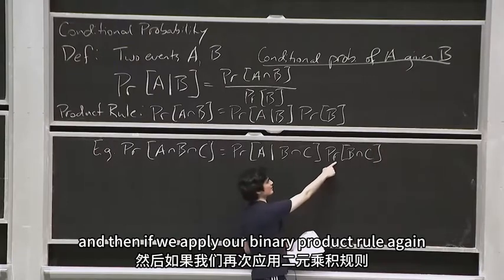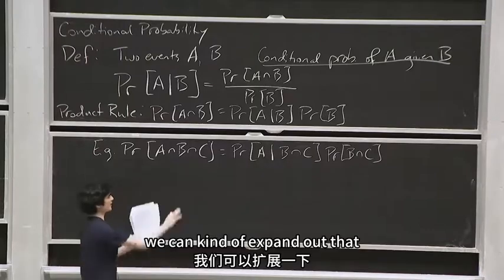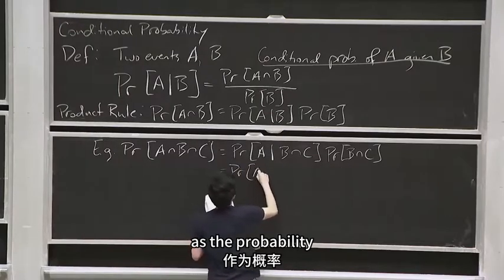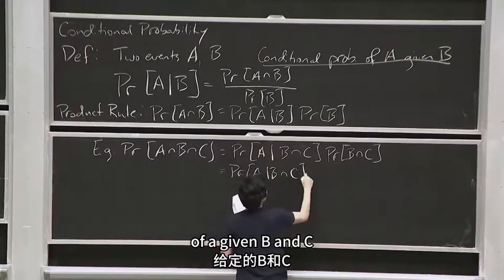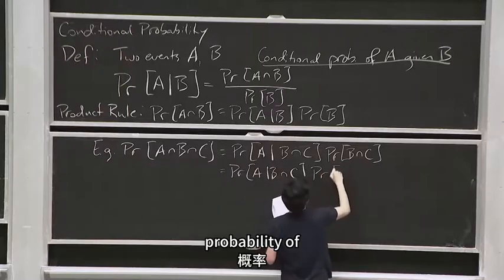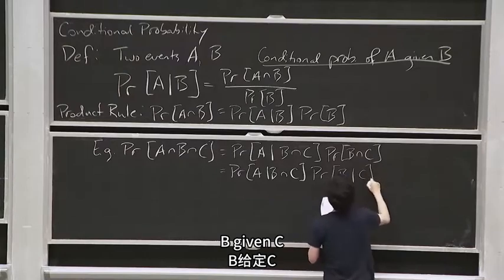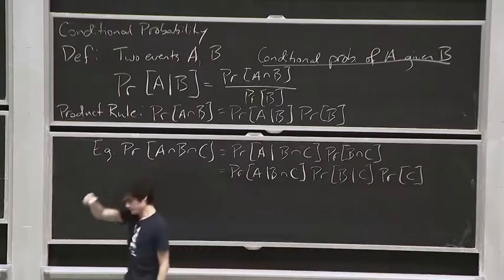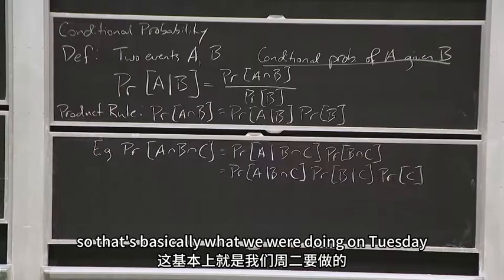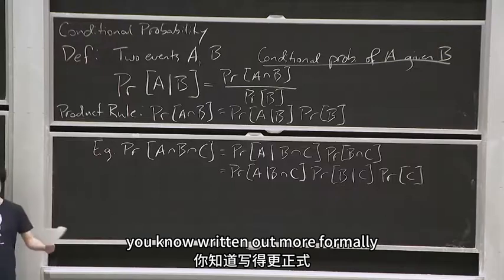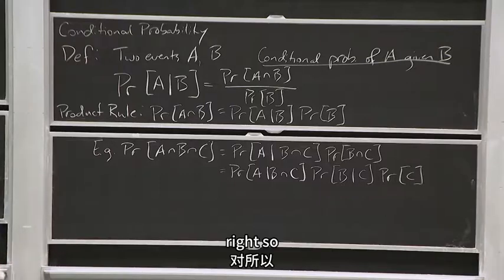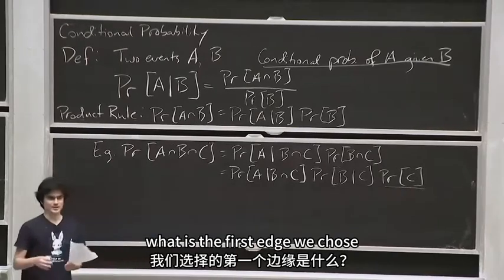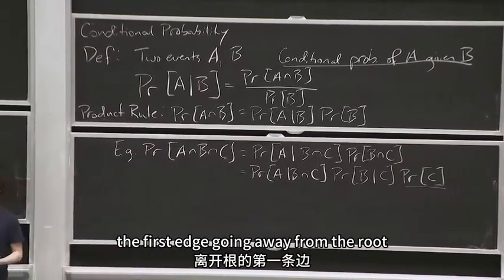And then if we apply our binary product rule again, we can expand that term out as the probability of A given B and C, times the probability of B given C, times the probability of C. Okay. So that's basically what we were doing on Tuesday, written out more formally. The probability of C corresponds to the first edge we chose, the first edge going away from the root.